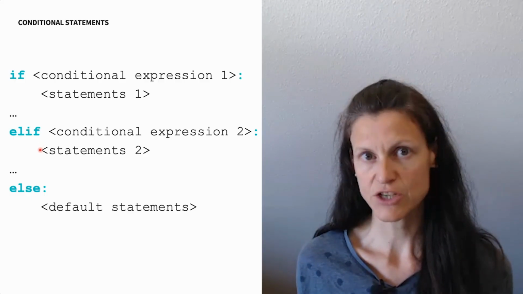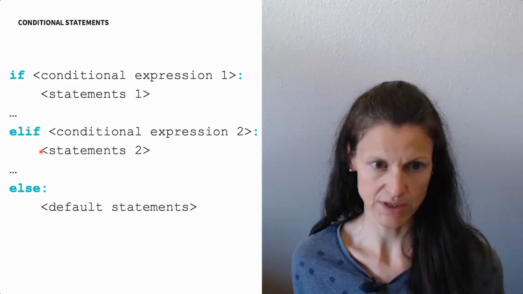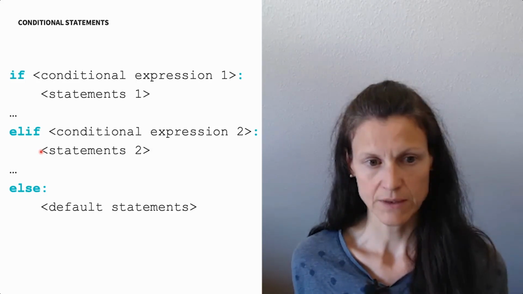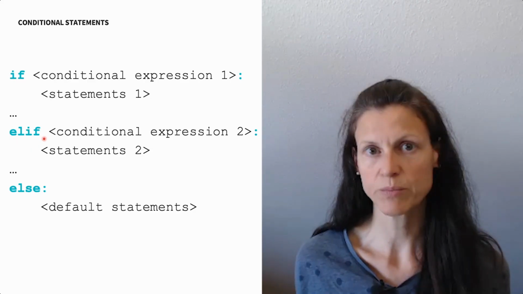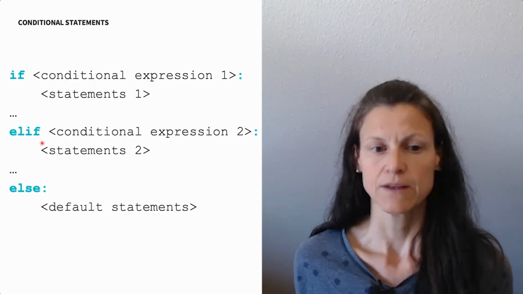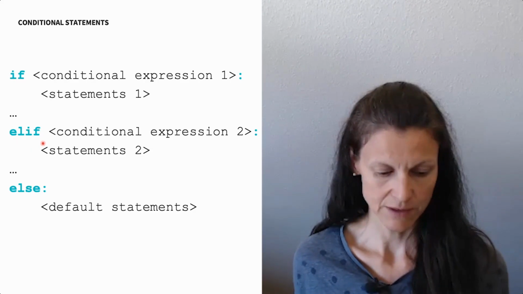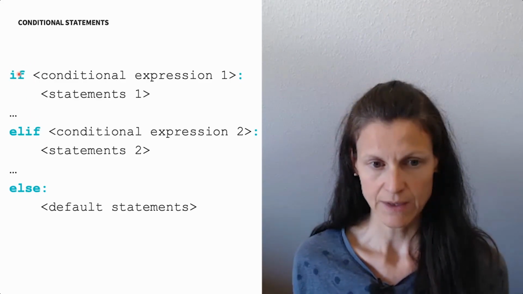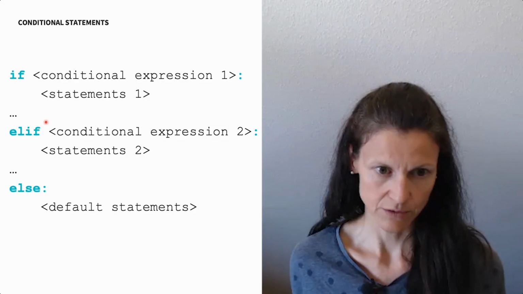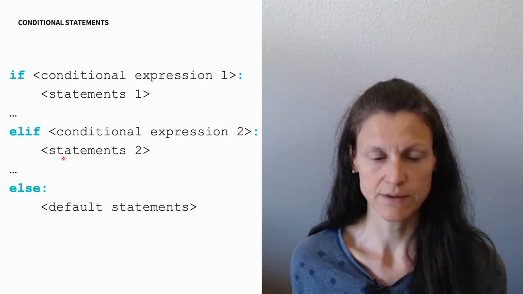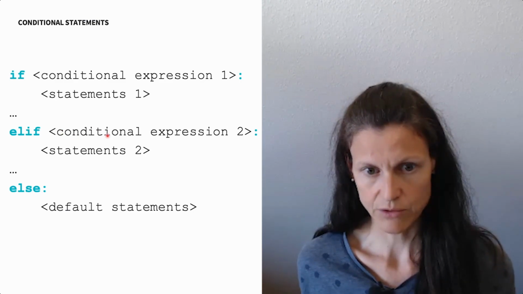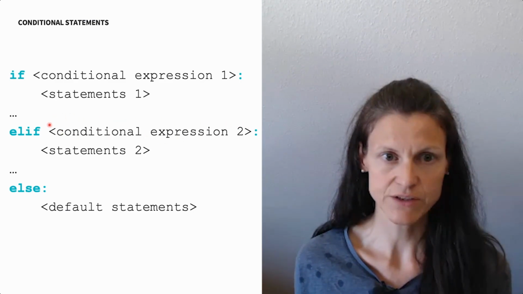However, it also in addition checks a conditional expression. So the semantics here is that this elif clause would only be considered, so only evaluated, if the preceding if clause is evaluated to false, and then the statements here would only be executed if in addition the conditional expression of the elif clause is evaluated to true.